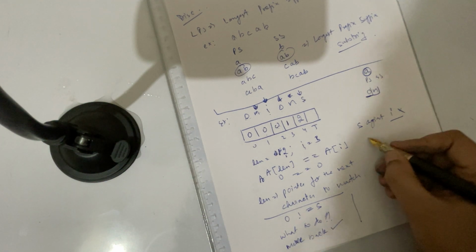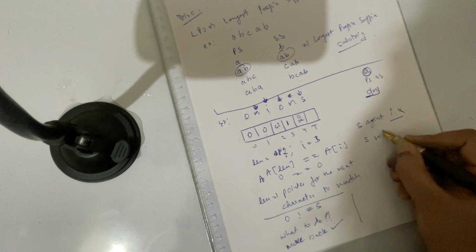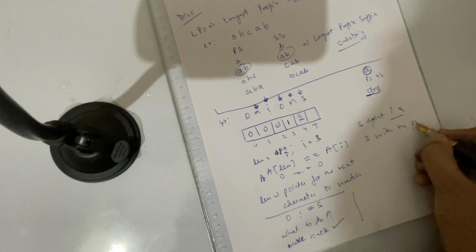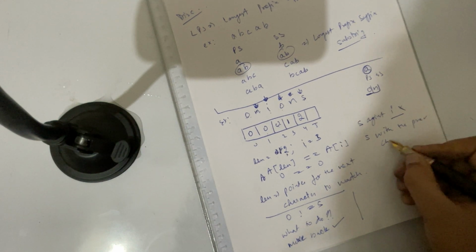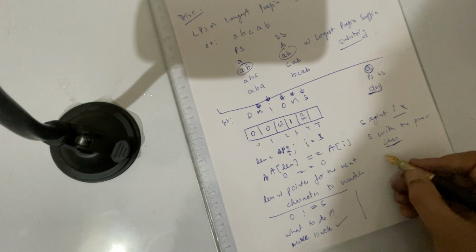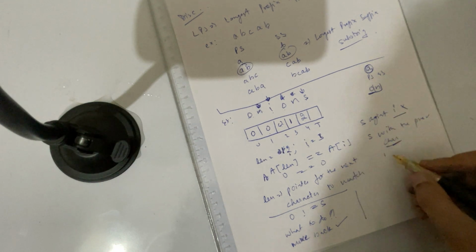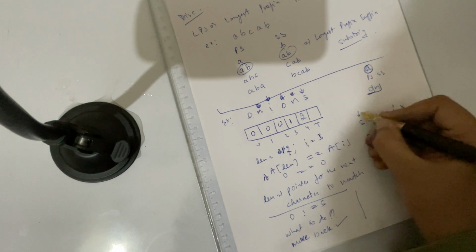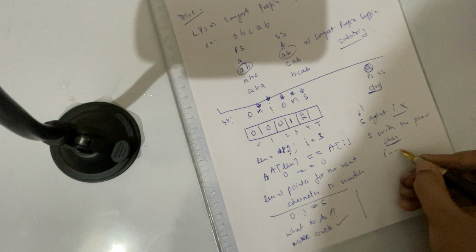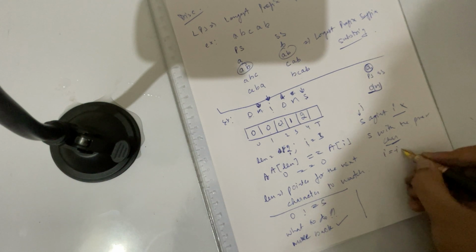So what can I do? I can match S with the previous characters. This is J. So I will become I minus 1.